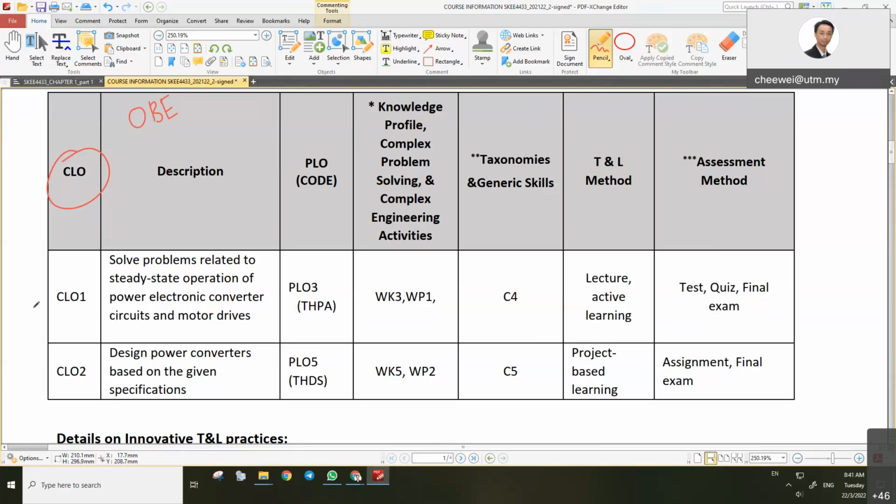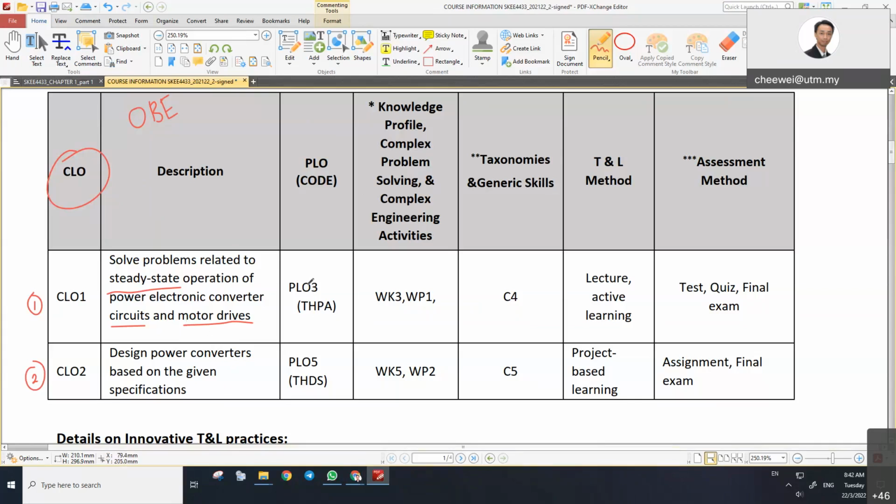In this course, we have two. What is number one? To solve problems related to steady state. Again, I emphasize here only steady state operation of power electronic converters, circuits and motor drives. There are two things: one is static, another one is drive. I'll explain to you later in chapter 1 what is drive and what is static converters.